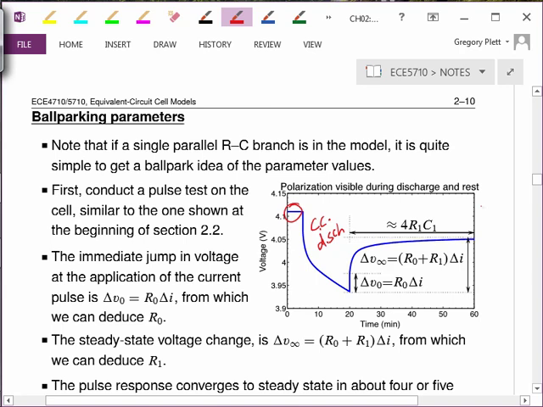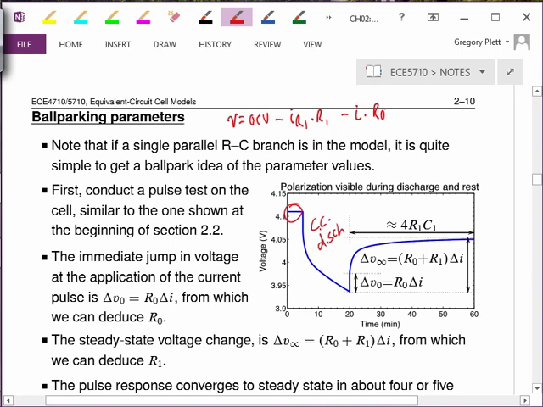I need to know what the current is during the constant current discharge portion, and I need to be able to measure the voltage all the time through this test. I assume that I already know the open circuit voltage relationship for this cell. We talk about how to get that later on too, but here we're interested in R0, R1, and C1. If you think about the model we have, voltage is equal to open circuit voltage minus I R1 times R1, minus I times R0.